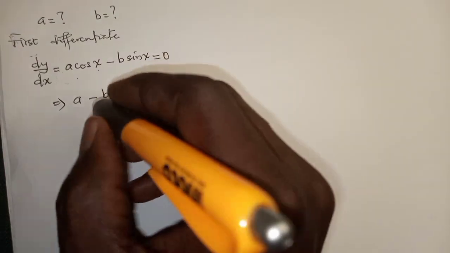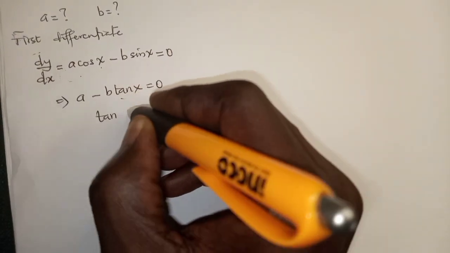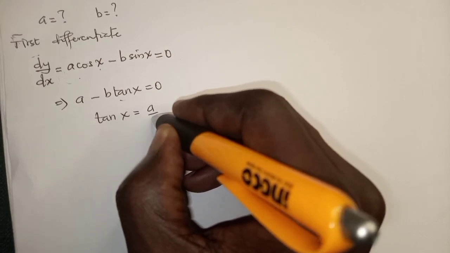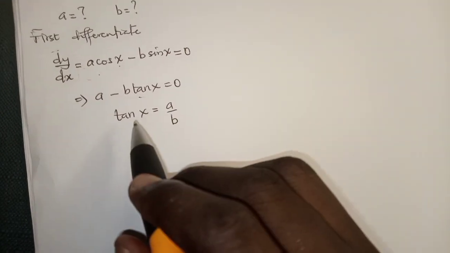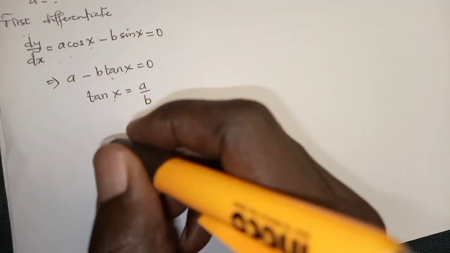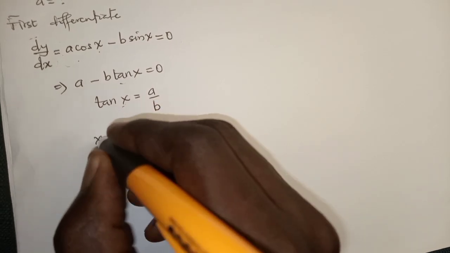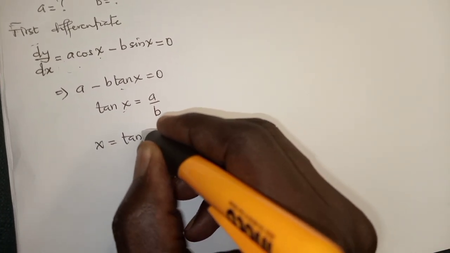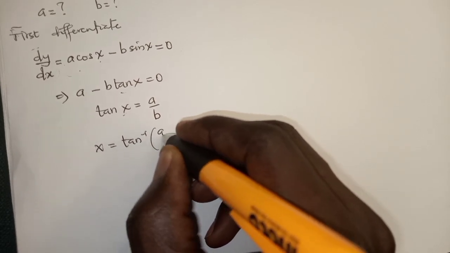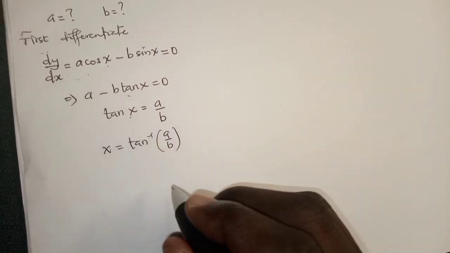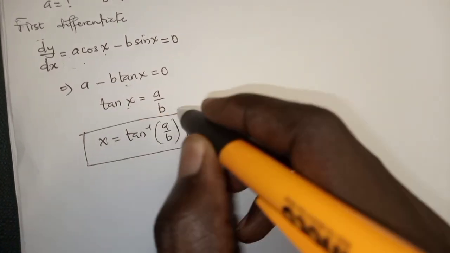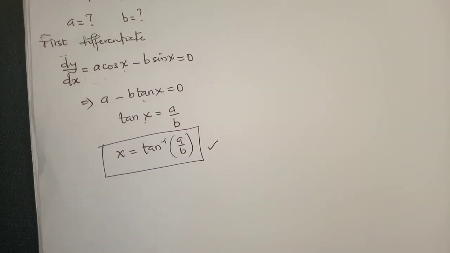Making tan x the subject, you have tan x equals a on b. Still making x the subject, you have x equals tan inverse of a on b, and this is our first equation.